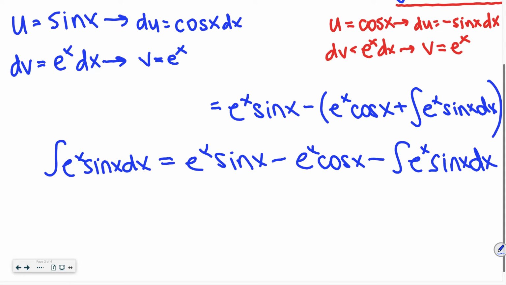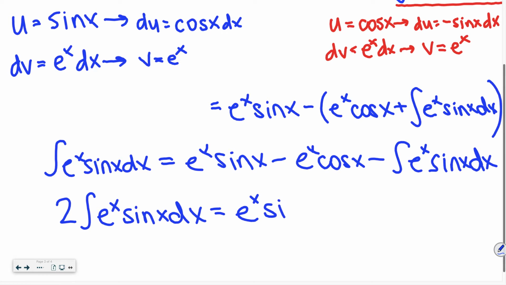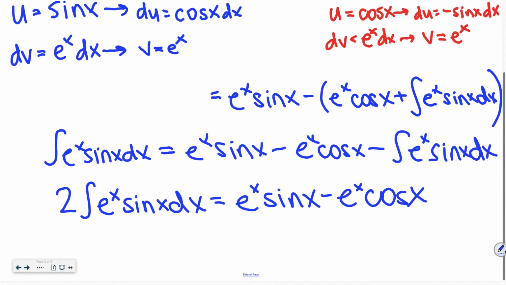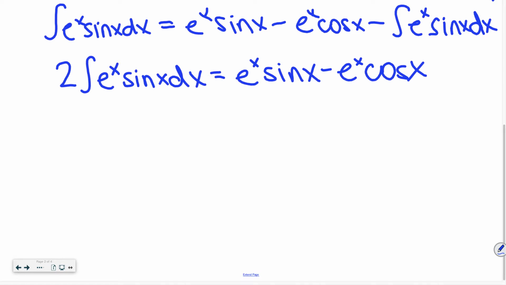We can add it over, so that we have 2 integral e to the x sine of x. So then you just divide it by 2. That's fun. Not as painful as you expected, right? So now I have 2 integral e to the x sine of x dx, so we can divide both sides by 2.